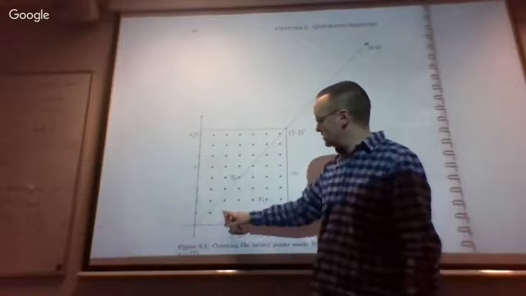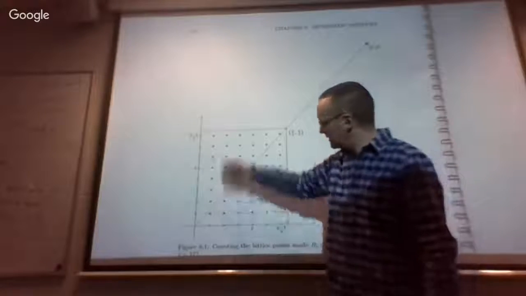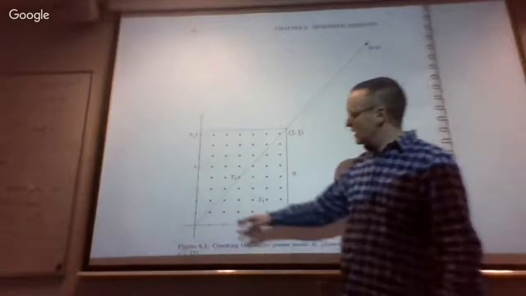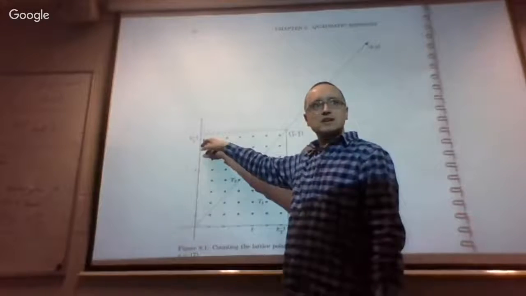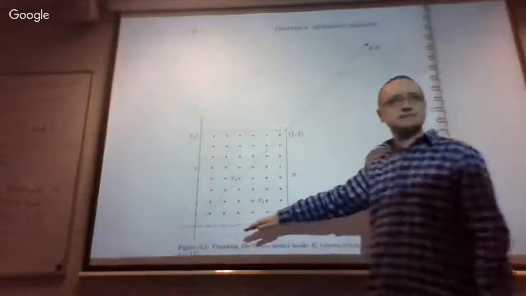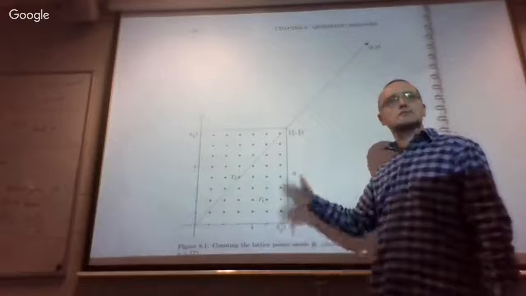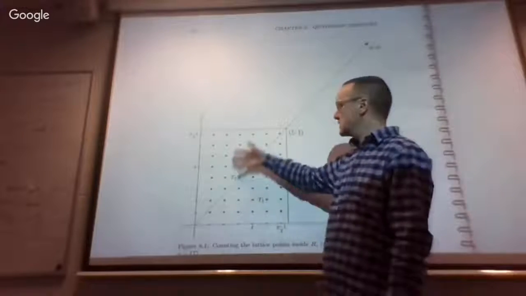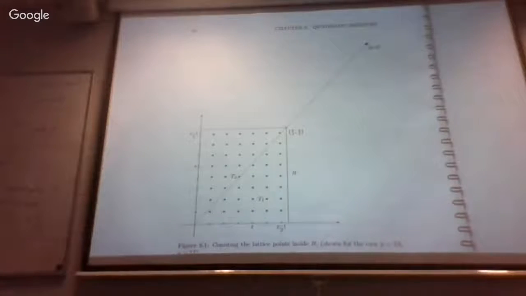Okay? Because you've got 1, 2, 3, 4, all the way up to (P minus 1) over 2 columns, and you've got 1, 2, 3, 4, all the way up as far as (Q minus 1) over 2 rows. Okay? So how many dots are there in total? Well, it's the number of columns times the number of rows in the interior of the square. So the number of integer lattice points there is equal to the product of those two, which is the exponent on minus 1.